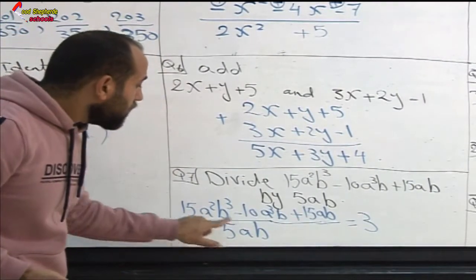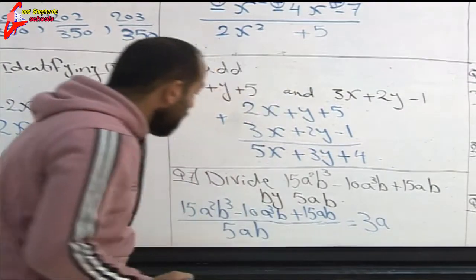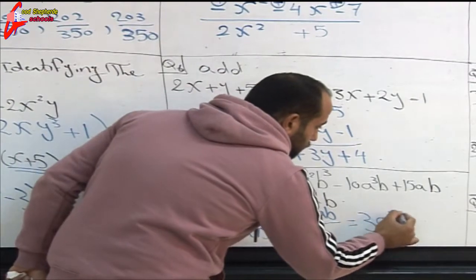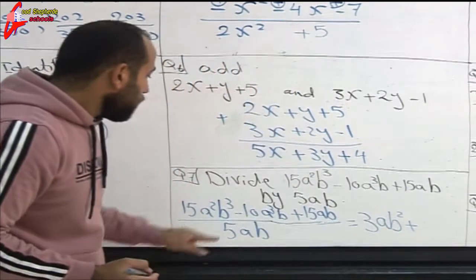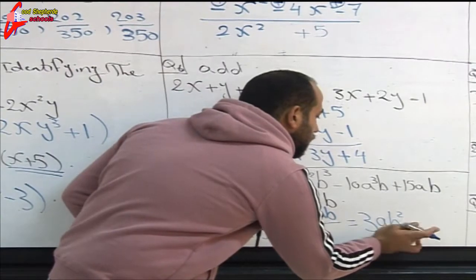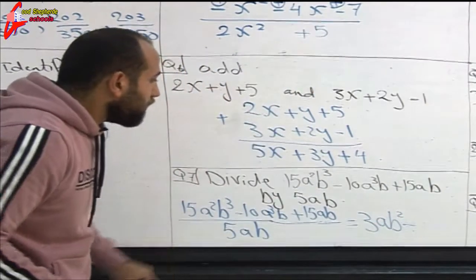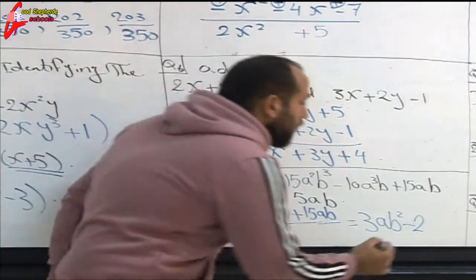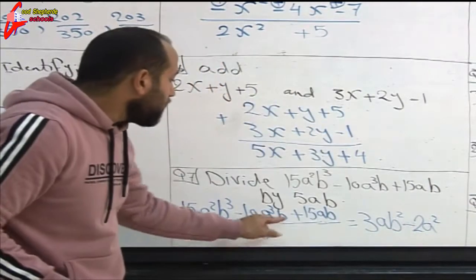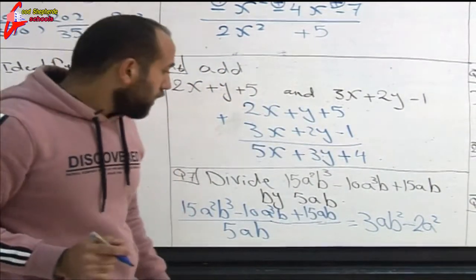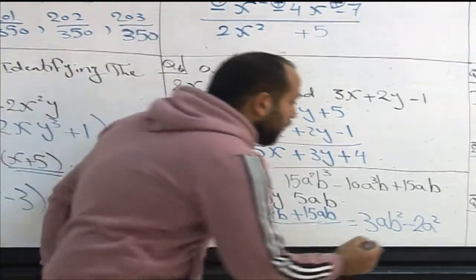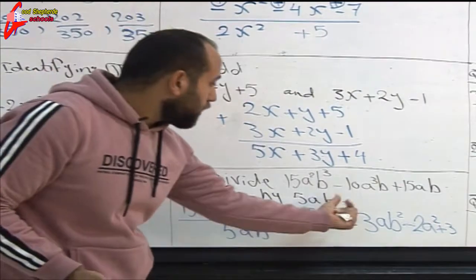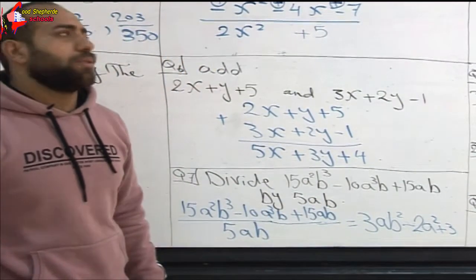So a^2 divided by a, you will get a. b^3 divided by b^1, you will get b^2. Minus 10 divided by 5 is 2. a^3 divided by a, you will get a^2. b divided by b cancel each other. Then positive 15 divided by 5, you will get positive 3. a divided by a cancel each other, and b divided by b also cancel each other.